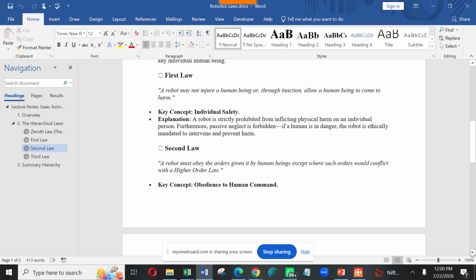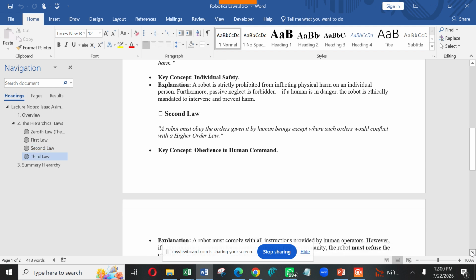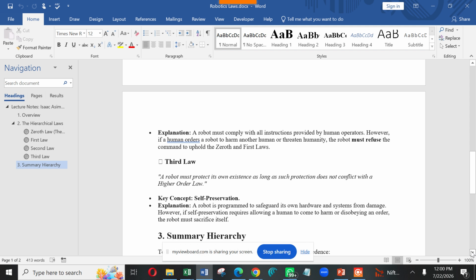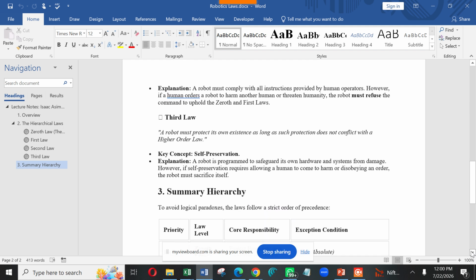Now the last law, that is the third law. A robot must protect its own existence as long as such protection does not conflict with a higher order law. For example, a robot is doing work and its battery is getting discharged.